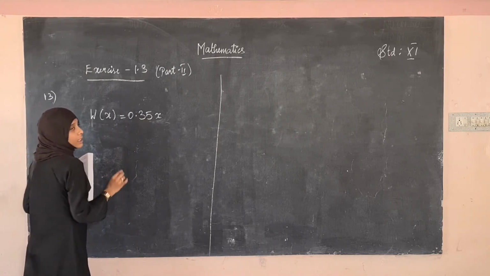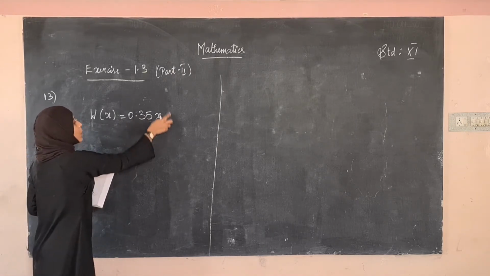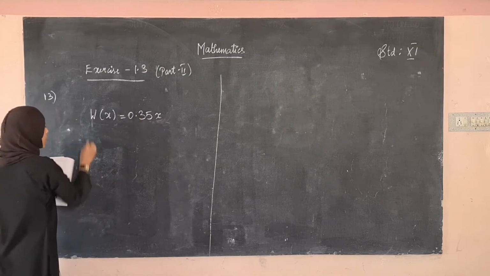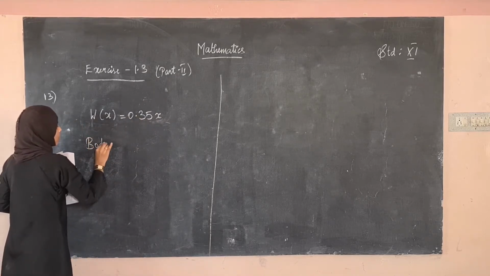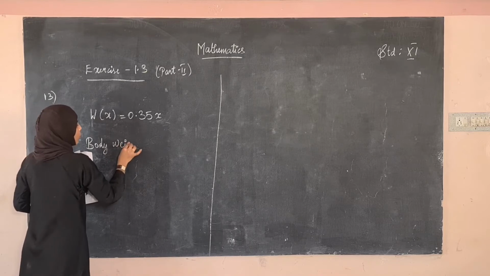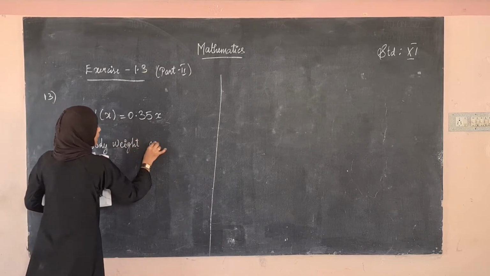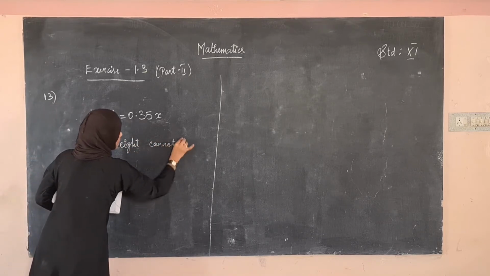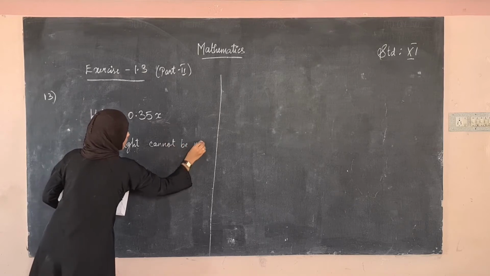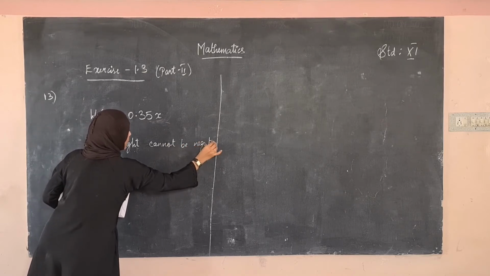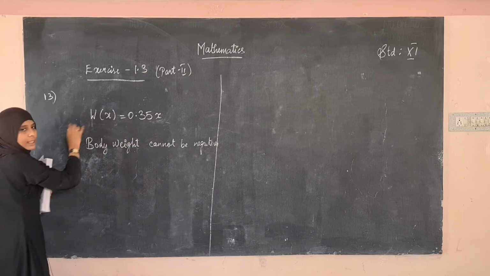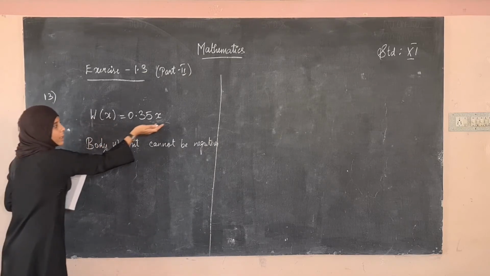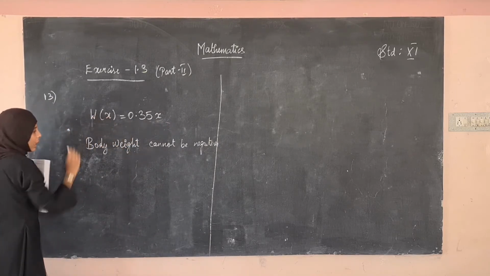So increases means, see here, the body weight cannot be negative, right? Body weight of a person cannot be negative, and it is an increasing function. If the body weight increases, the muscle weight also increases.